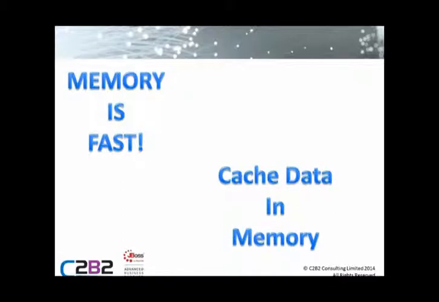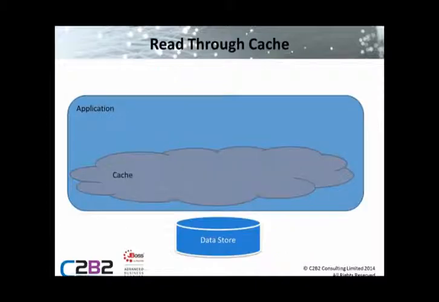So one thing we must do for performance in many applications is to cache data in memory. If we look at some of the typical cache architectures you get in applications, the first is a simple read-through cache, and this is easily supported through JBoss Data Grid, where your data store is typically a relational database, and you access that through JBoss Data Grid.